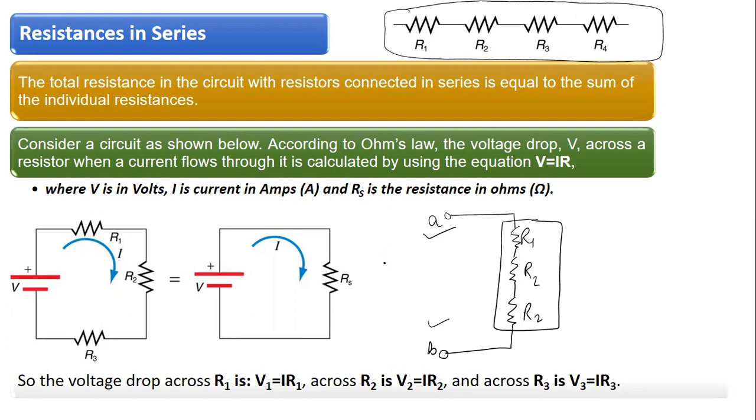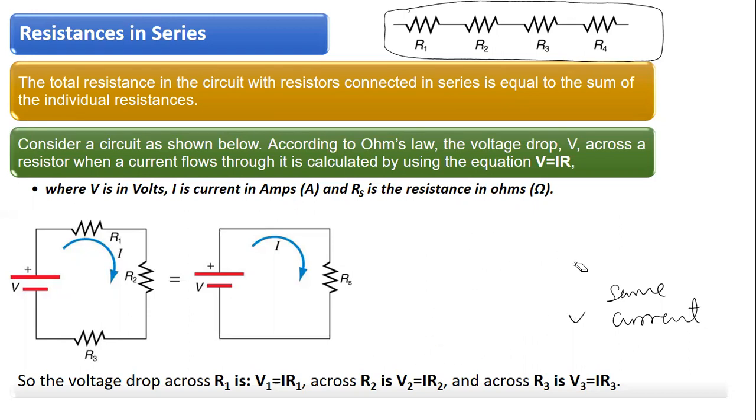Okay, now when do we call that the resistances are connected in series? When all the elements share the same current. If all the elements connected in a branch share the same current, we say that these elements are in series.